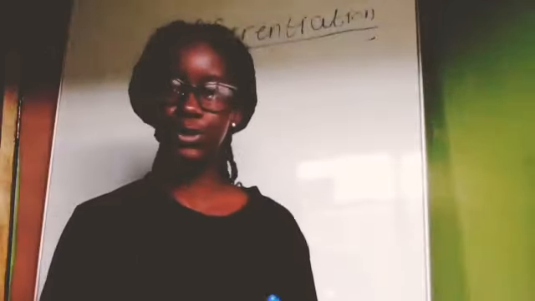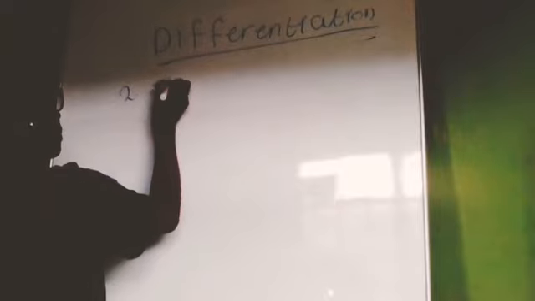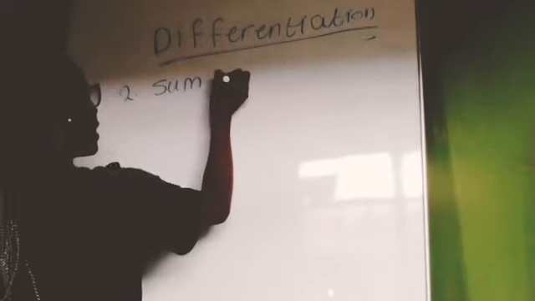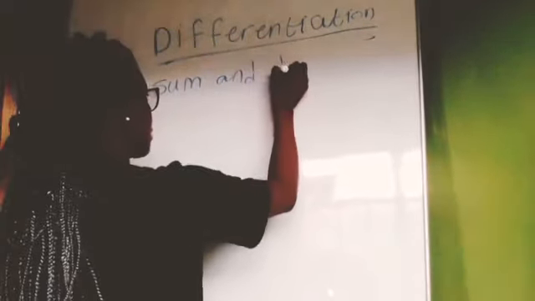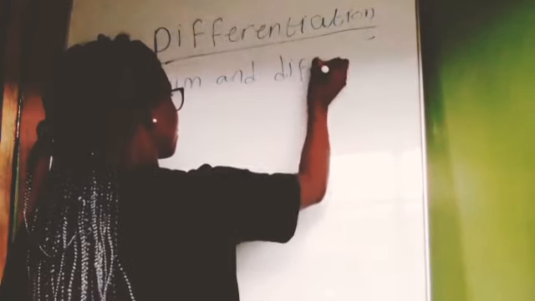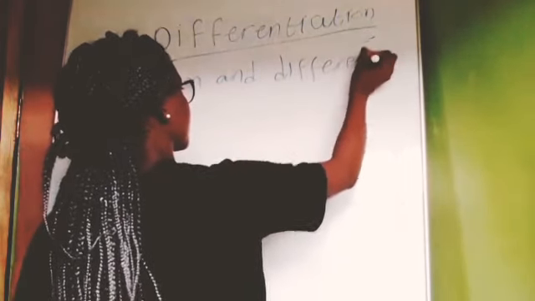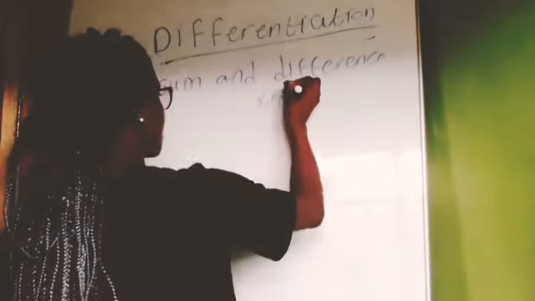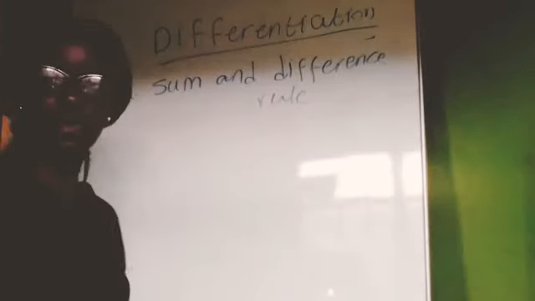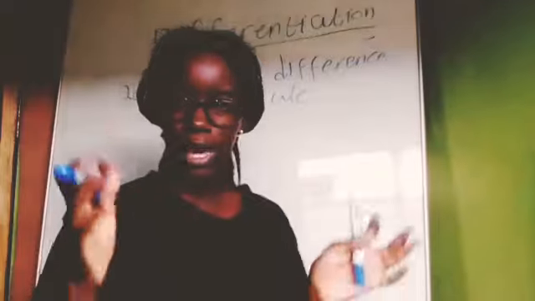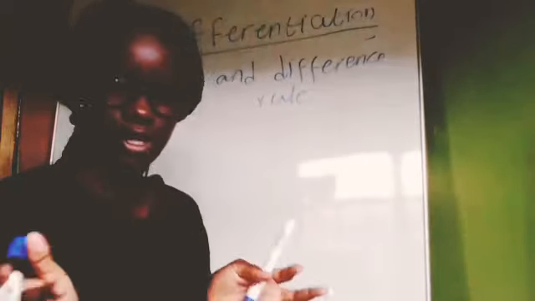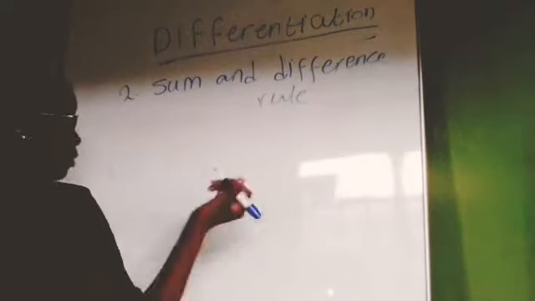Okay, so the next rule is the sum and difference rule. So let me just write that down. Sum and difference rule. So sum and difference rule. So with this rule, unlike the power rule where we only had one term or one function, this one we have more than one.